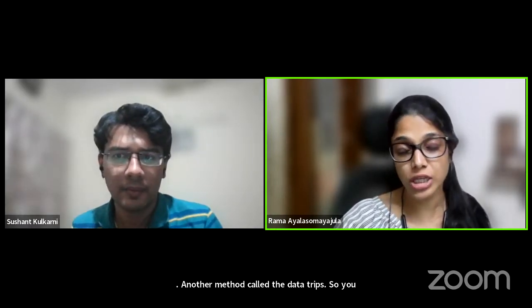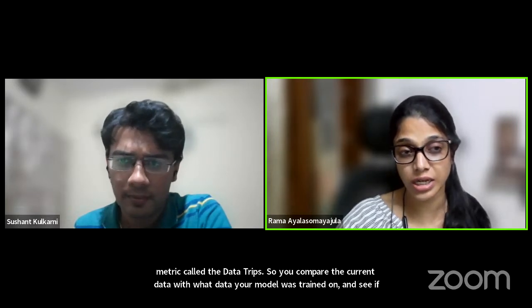You compare the current data with the data your model was trained on and see if there is a variation or change in the distribution of the data. If there is a drift in the data or if the model is obsolete, which means the performance is degrading, either of these calls for retraining, and then the models get refreshed.